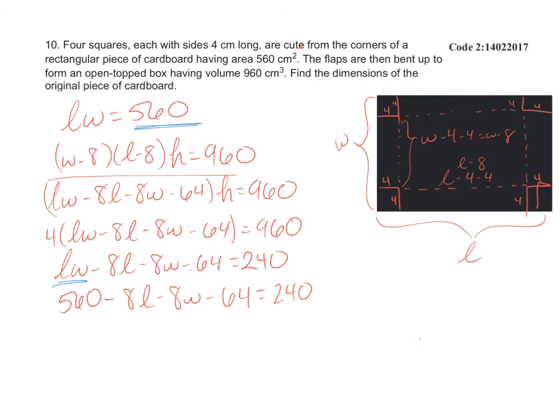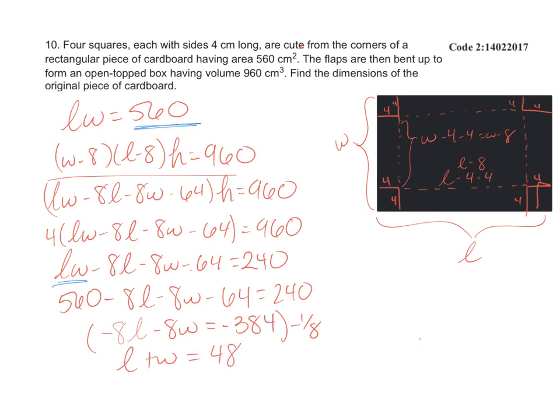And so when we simplify, we end up with negative 8L minus 8W is equal to negative 384. And so what I'm going to do is I'm going to divide everything by negative 8. And so I end up with L plus W is equal to 48.